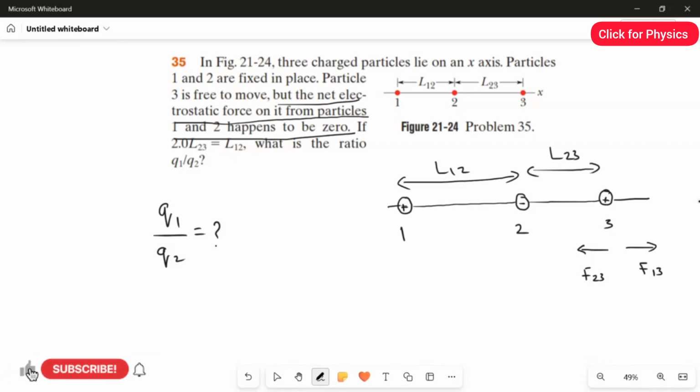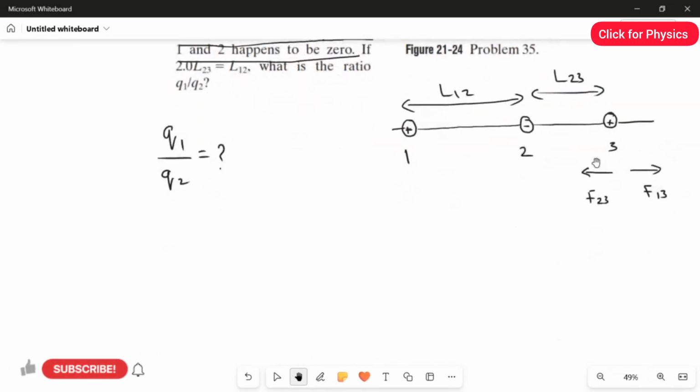If the first particle is positive and the third particle is positive, positive interacting with positive will repel. The second is negative, and negative interacting with positive will attract. So you can see the arrow marks, F13 on the right hand side, F23 on the left hand side, and they are equal in magnitude. By that time you will get 0, right? The net electrostatic force will be equal to 0.